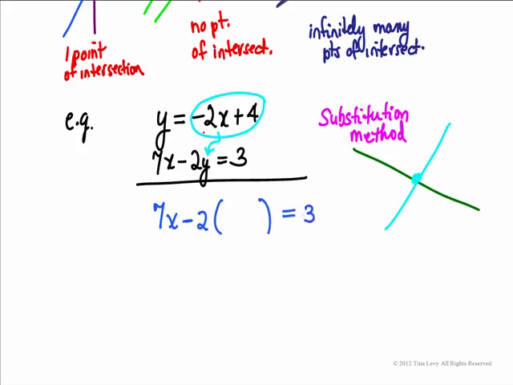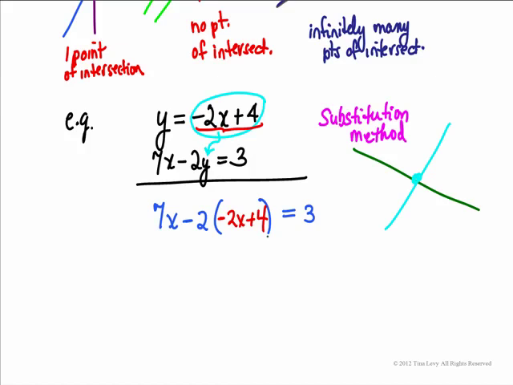I'm going to take the y from the other line and substitute it in for y in the second equation. I now have an equation having substituted one line into the other. It's going to tell me the x-coordinate of the point of intersection. So I'm going to work this out.